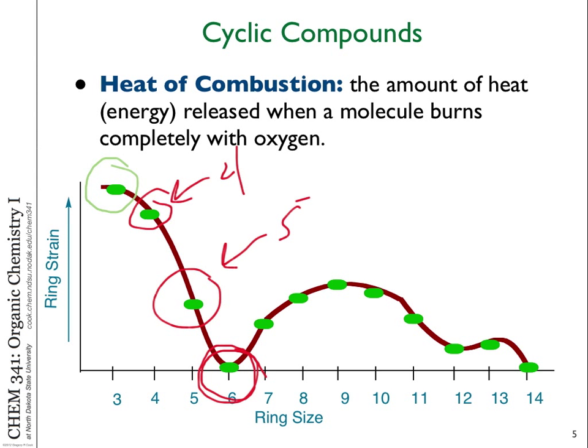A 6-membered ring has no extra energy because of the ring, because once you get to a ring size suitably large enough and not forced to have any additional torsional strain fixed in one position, it can adopt a conformation which minimizes all of those things to the best extent. So it's no different than if it were just an acyclic molecule in that open chain form.